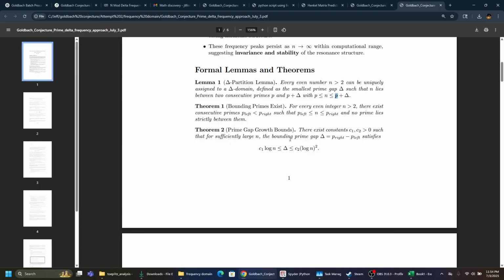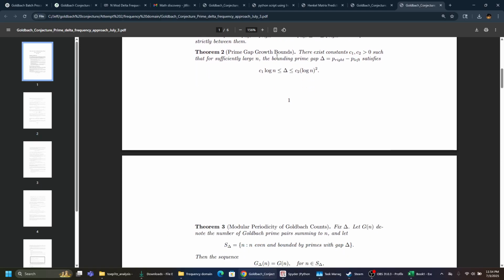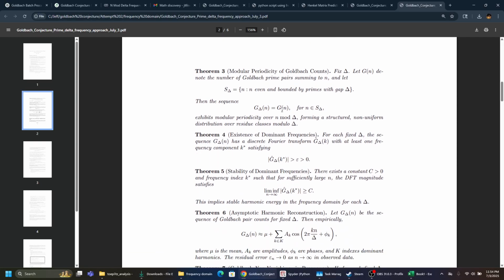For every even integer, there exist these primes. This stuff repeats itself a lot, and then you can see that it forms and satisfies this equation. There is a modular periodicity of these counts.